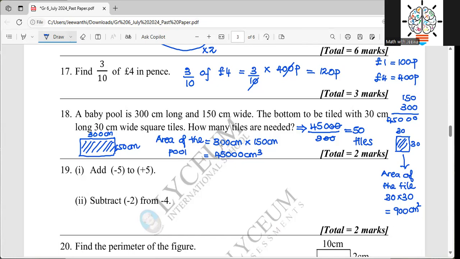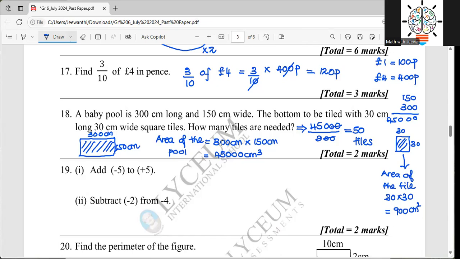So to cover the 45,000 area, how many tiles do I need if one tile is 900? So I divide the 45,000 total area by 900, that is the area of the one tile. It gives me 50. So I need 50 tiles to cover the bottom of the pool, right?